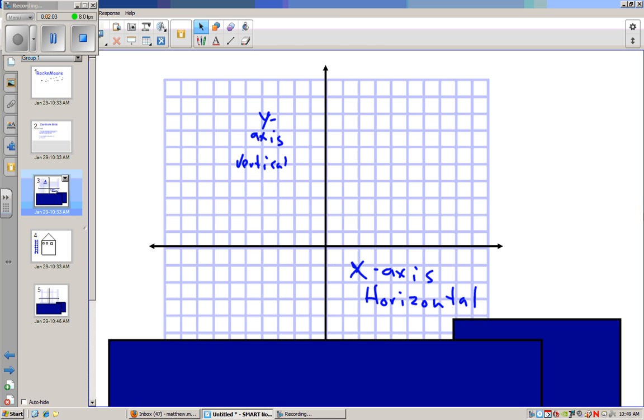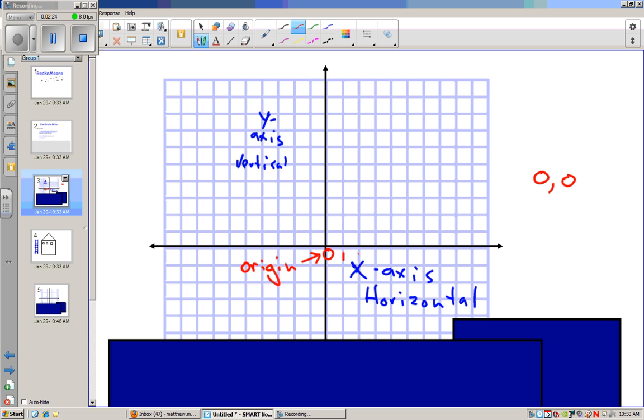And where those labels start, where they begin, is the origin, which just means the beginning, the start of something. The origin is always going to be where these axes cross. And the ordered pair for that spot is going to be 0, 0. Because if we're labeling, this is where 0 is going either way.